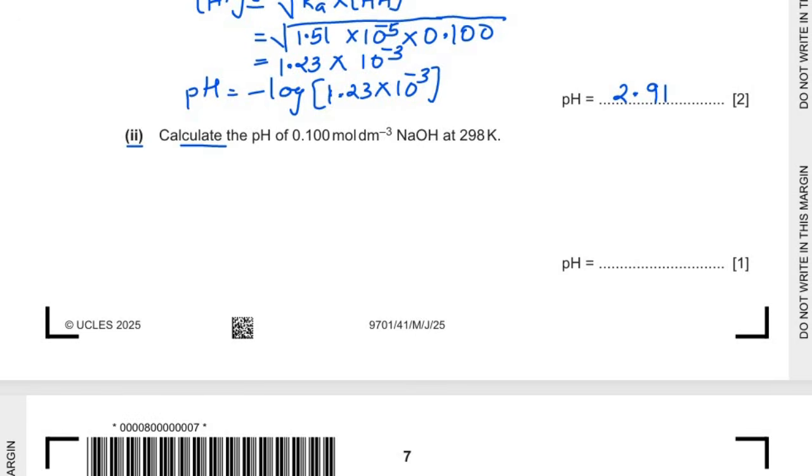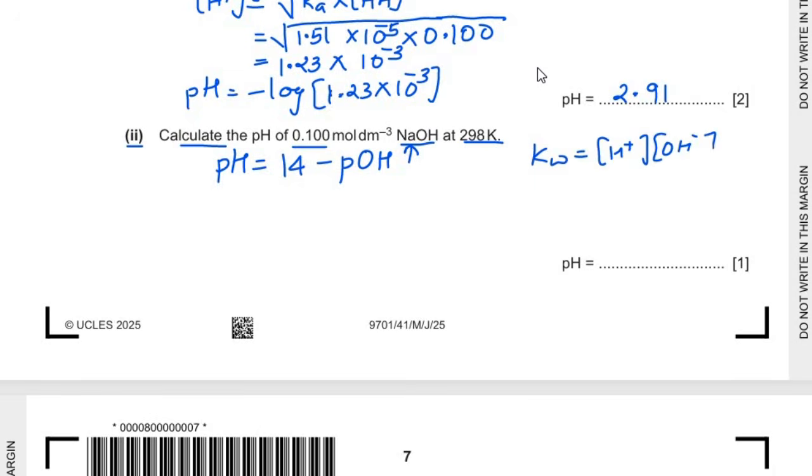The second part is calculate the pH of 0.1 mole per dm cube of NaOH at 298 Kelvin. Now if we calculate the pH of a base, we can directly use the formula as pH is equal to 14 minus pOH, or we can indirectly use the formula as Kw is equal to H plus concentration into the hydroxide ion concentration also, where the Kw value is 1 into 10 power minus 14, and the concentration of hydroxide ion is given here, and so we can find out the value of H plus from here, and then we can find out the pH.